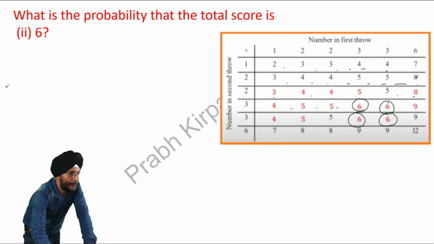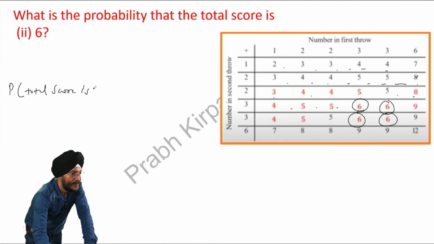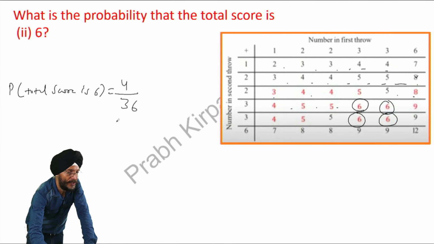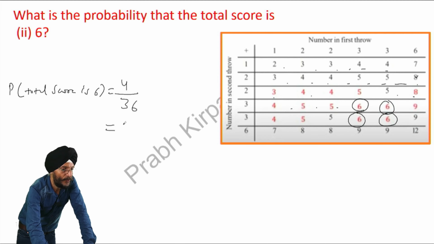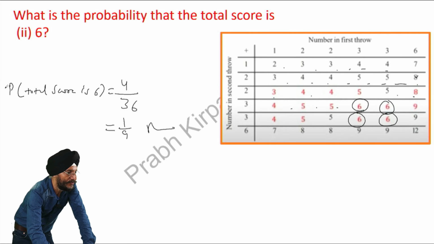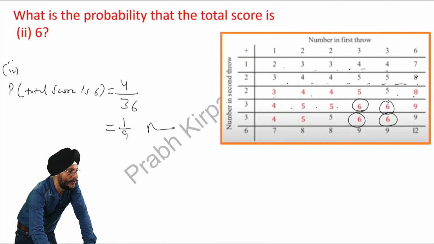So the probability that total score is 6 is number of favorable outcomes. Favorable outcomes here are 4 out of the total number of possible outcomes. Here the answer is 1 over 9. It is the answer of the second part of the question.